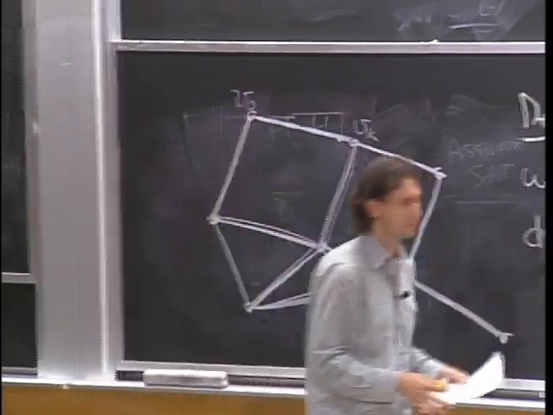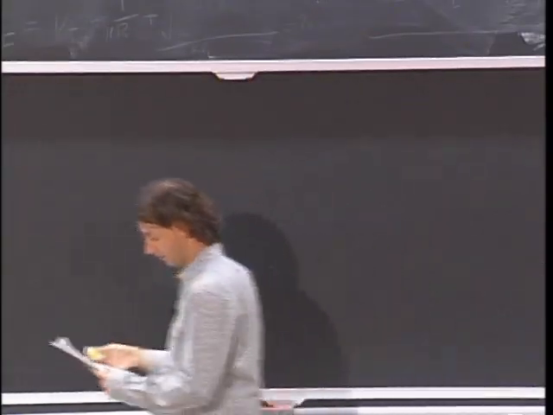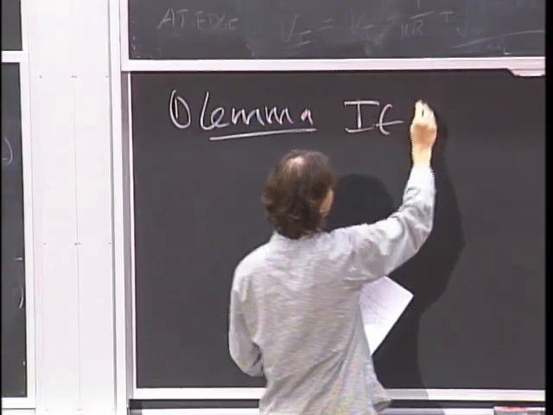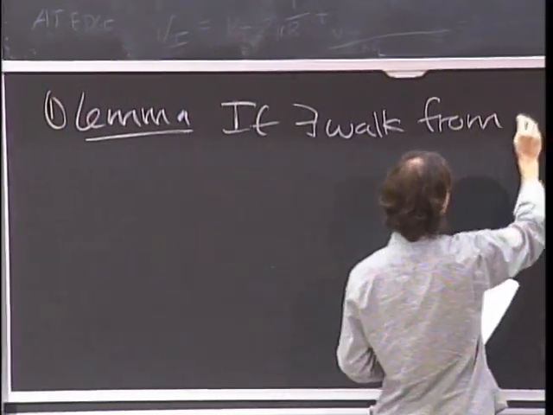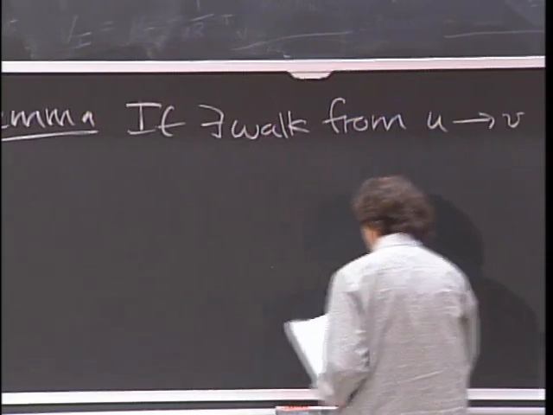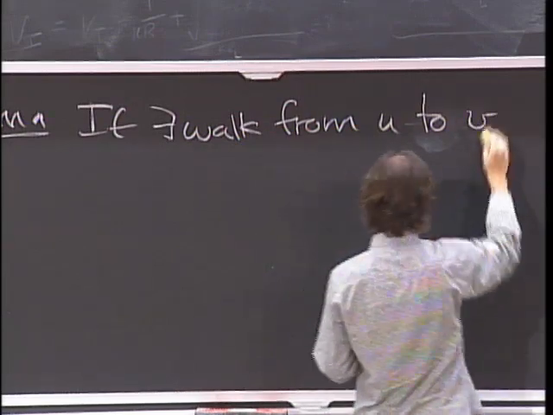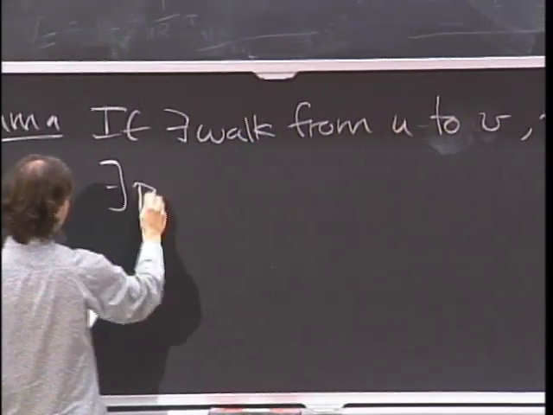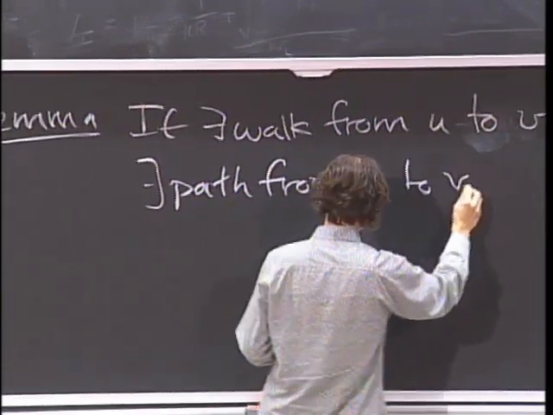So can we formalize this a little bit better? Then we get the next lemma. So let's call this lemma 1. And let's see whether we can prove this. So we want to show that if there exists a walk from, say, a vertex u to v, then there also exists a path from u to v.